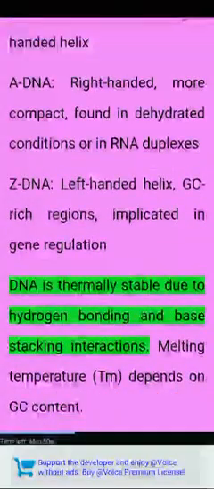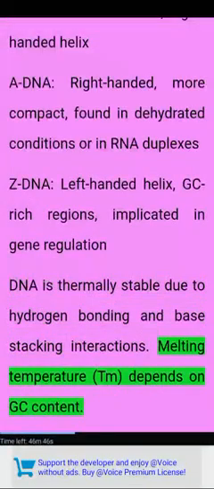Melting temperature Tm depends on GC content.